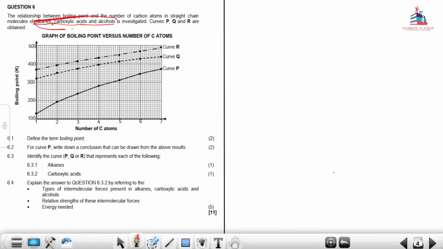Already, I can easily say, but now the examiner is asking me about functional group. The reason for that is they have now different homologous series. So once we have different homologous series, definitely I am comparing different functional groups.